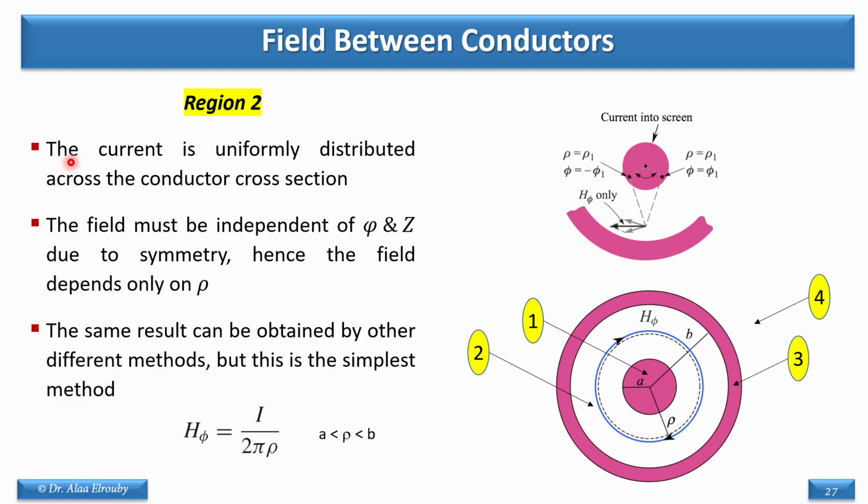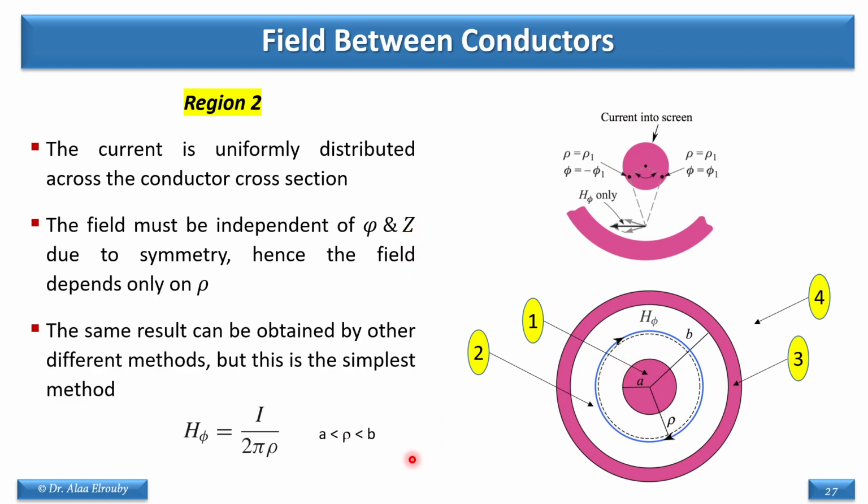So we assume that the current is uniformly distributed across the cross section. If the current is I, then J equals I divided by the area. Because of symmetry, this is a circular shape, so there is a phi symmetry. It is very long, so there is a Z symmetry.